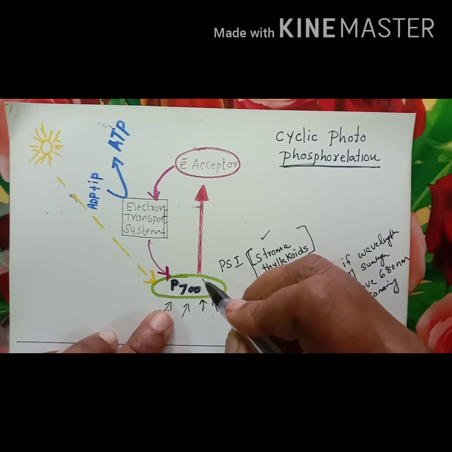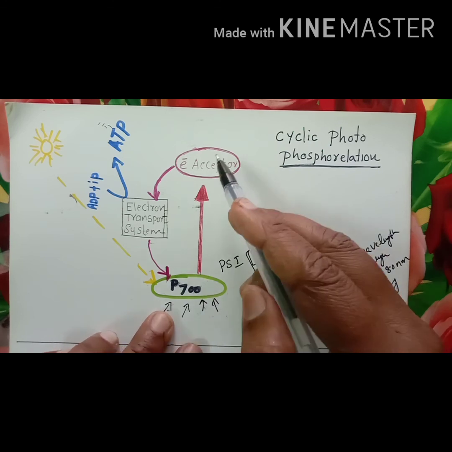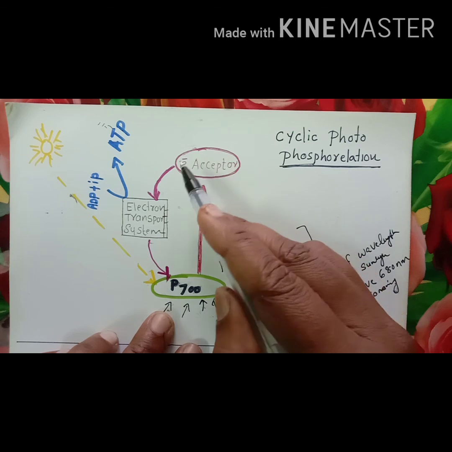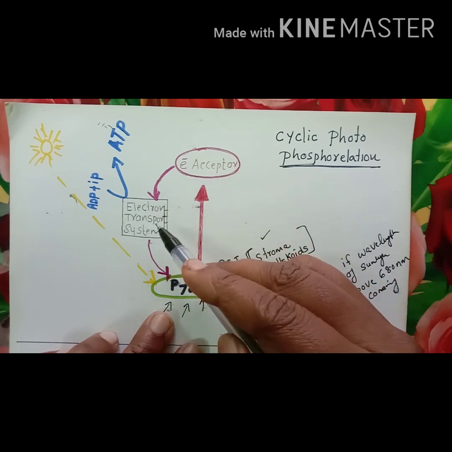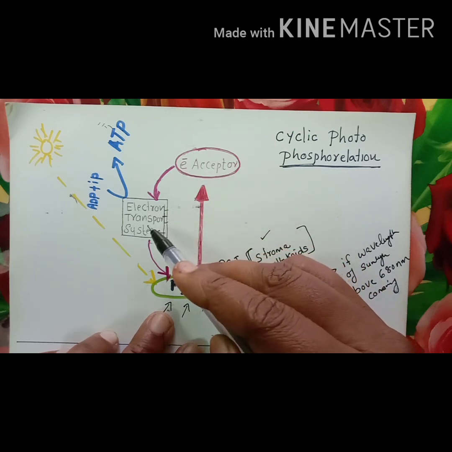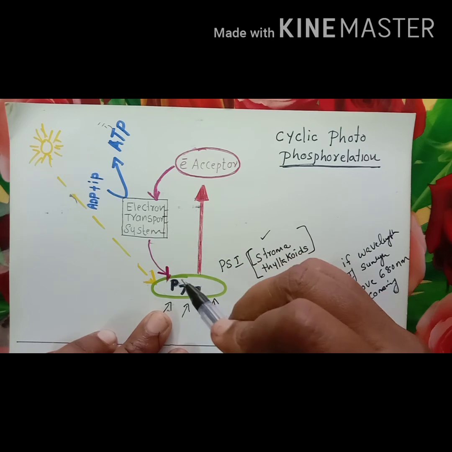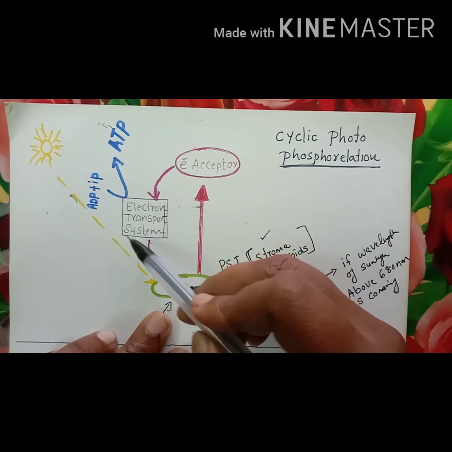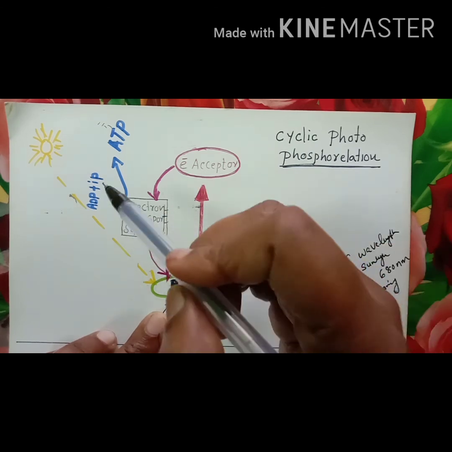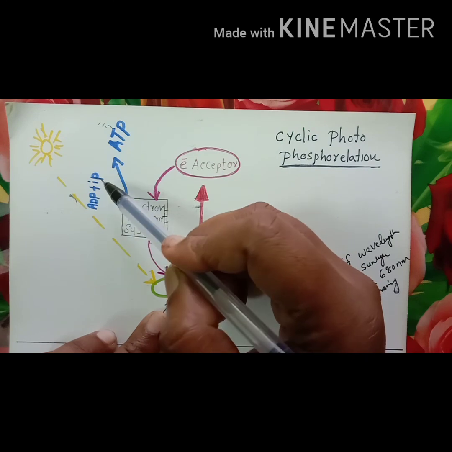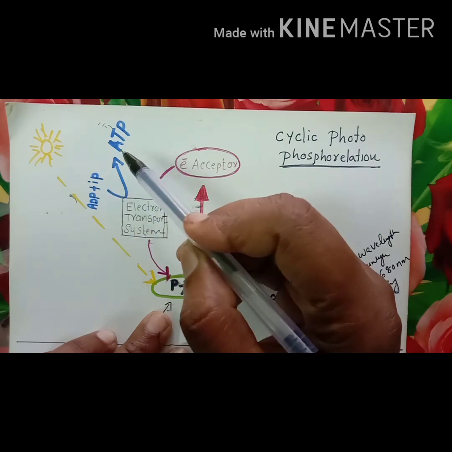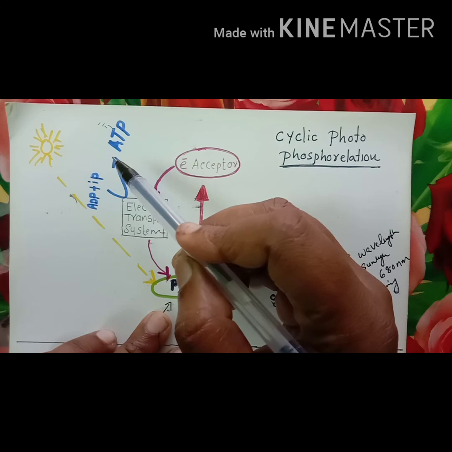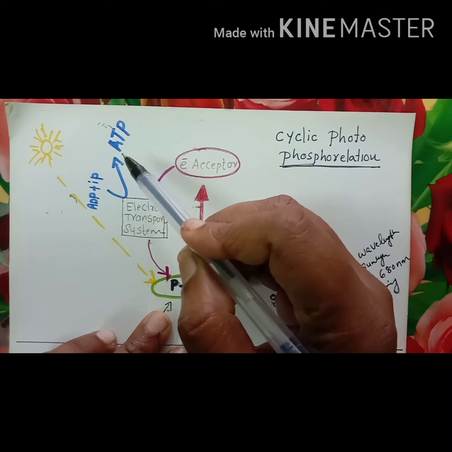While the electron travels through the electron transport system, ADP, adenosine diphosphate, combines with inorganic phosphate to become one molecule of ATP. So here energy is also produced.